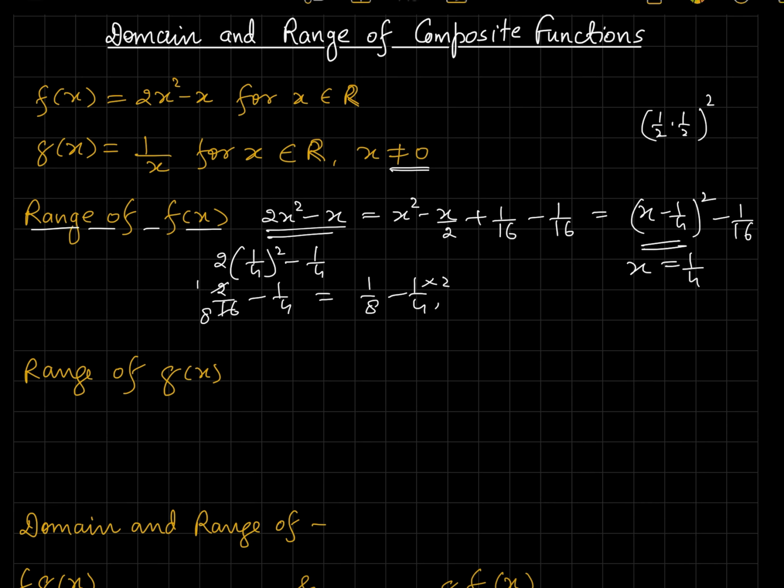Making the denominators equal, I get 1 minus 2, which is negative 1 by 8. It means the range of f(x) is all values greater than or equal to negative 1 by 8.